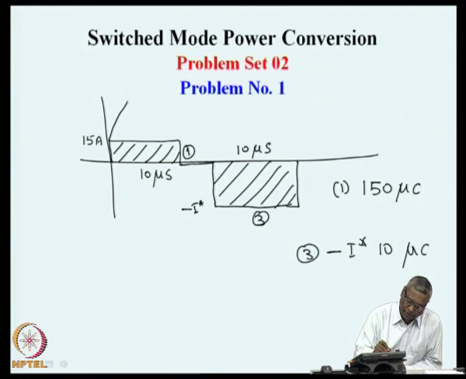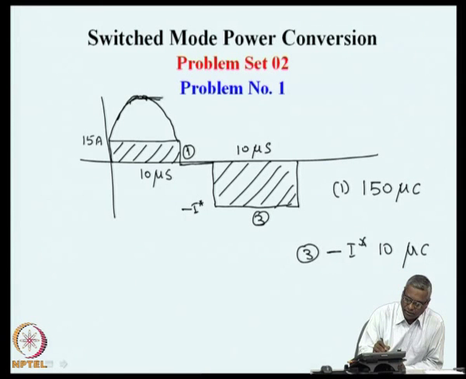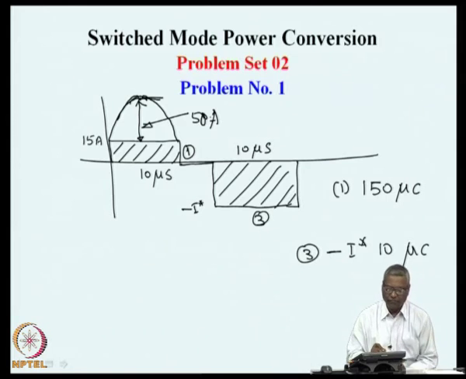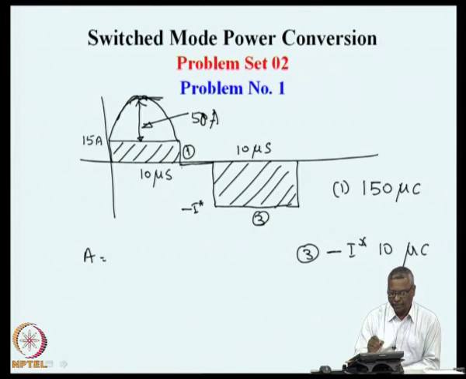In the second part, we have the 50 ampere half sinusoid, and this area can be found by finding the average value multiplied by the time duration.